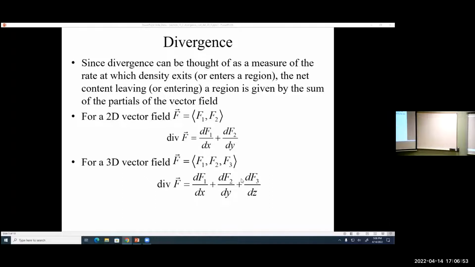All we're doing is summing up the partials of each component, and just remember that each component lines up with your first component x, second component y, third component z. Now, obviously, you do not have to memorize this formula. You have the note card for the exams, or you can use a note card for working on the homework. We just need to know how to use it and have an idea of what it's telling us.